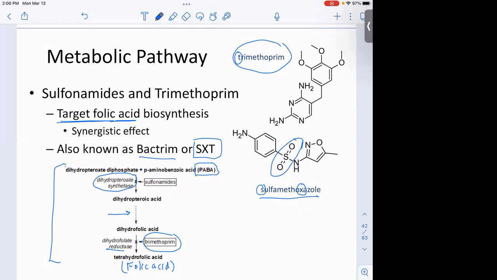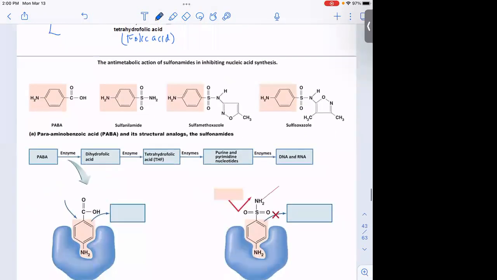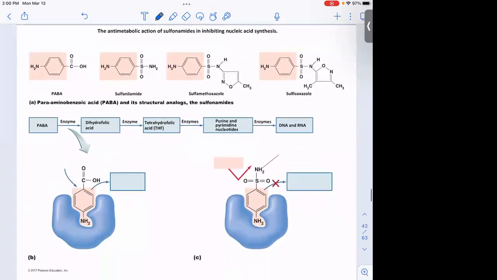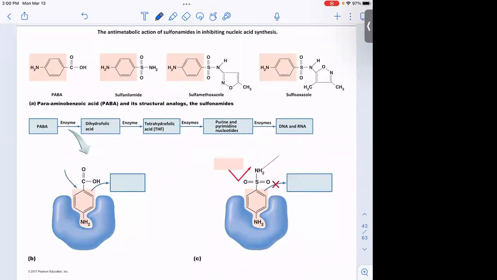Okay, so if we look a little bit more closely, here's just another, more visual way, with the structures, how this drug works. Here's the substrate that first enzyme in the folic acid biosynthetic pathway works on. So PABA, P-A-B-A. And then here's some different sulfa drugs.